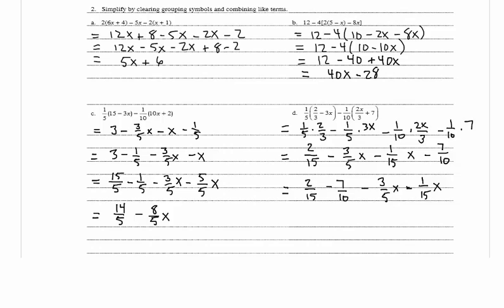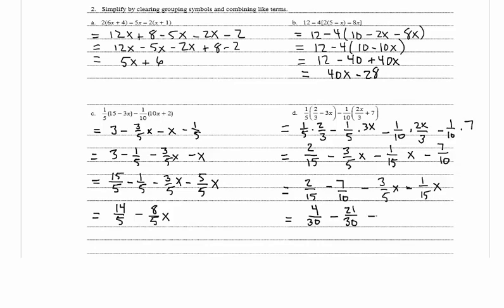And our common denominator for 2 over 15 and 7 over 10 will be 30. So if we wanted to write 2 over 15 with a denominator of 30, we would have had to multiply by 2 over 2. And 2 times 2 is 4, minus 7/10 with a denominator of 30. We would have multiplied by 3 over 3. So 7 times 3 is 21. And 3/5 and 1/15, our least common denominator will be 15.